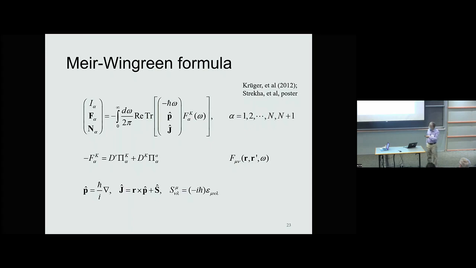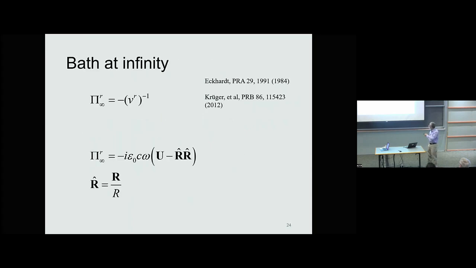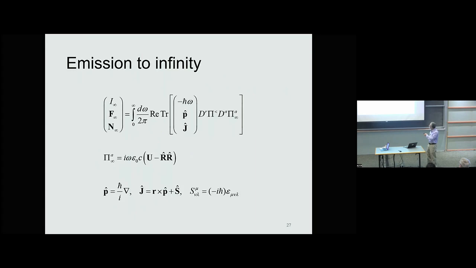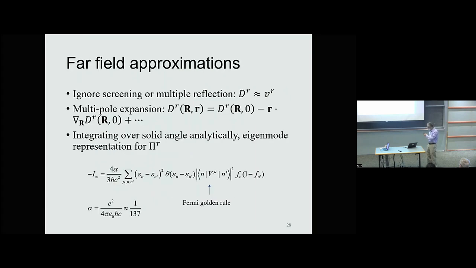Let me go to some of the results. I guess I will skip this. In order to calculate a concrete result, I'm going to make a further approximation. I'm interested in small molecules, so I assume that the screening is not very important. So I will take this big D approximately equal to the non-interacting one, this free function.